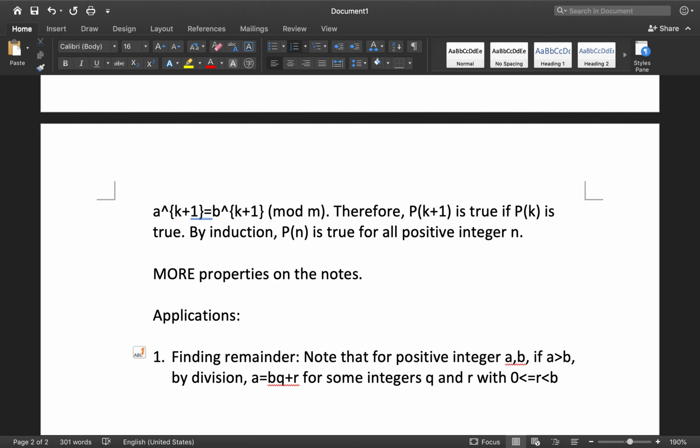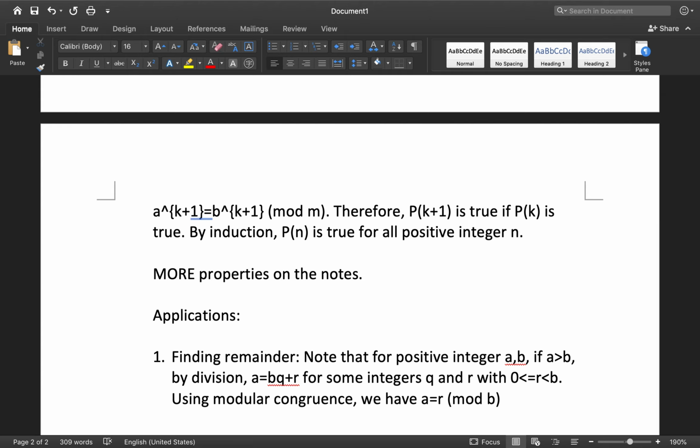Now if you look at this equation, a equals bq plus r, using modular congruence, actually you have a congruent to r modulo b.